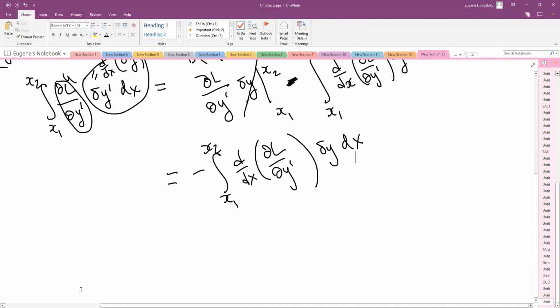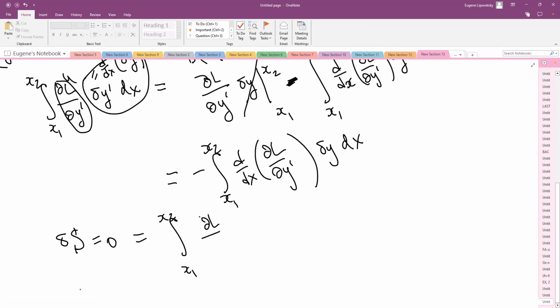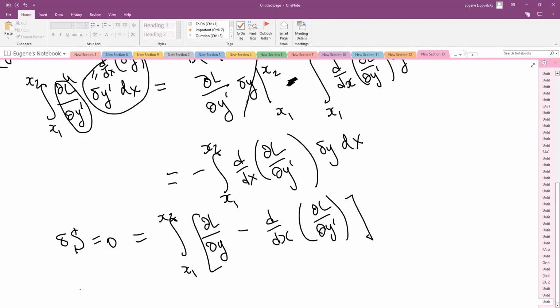And so the variation of S, which has to be equal to 0, is equal to the integral from x1 to x2 of dL over dy minus d over dx of dL over dy prime, all of that times delta y, which is an arbitrary variation, arbitrary inside but not at the ends.